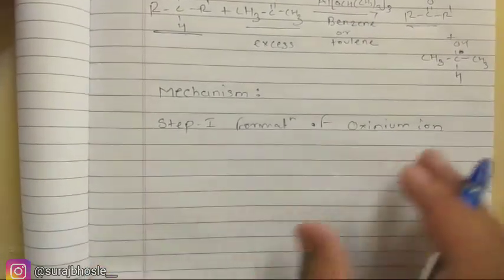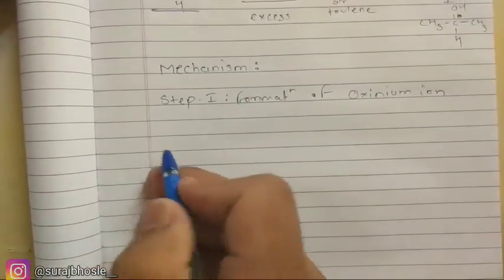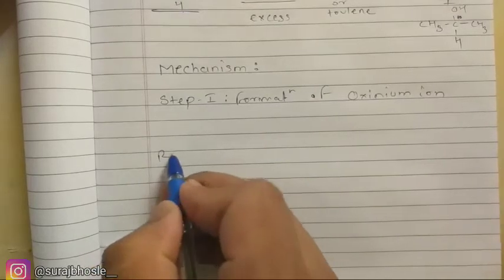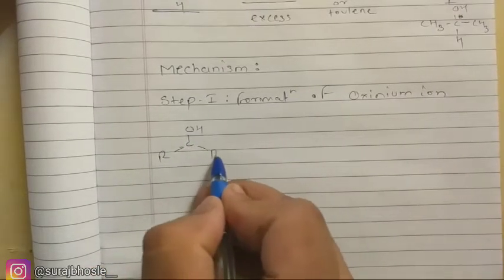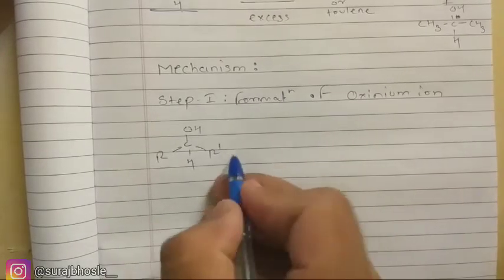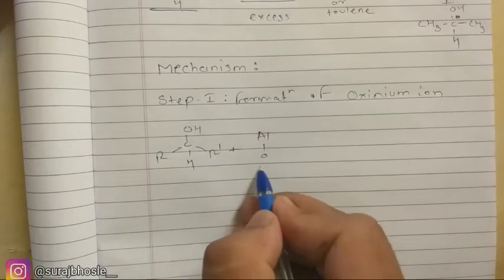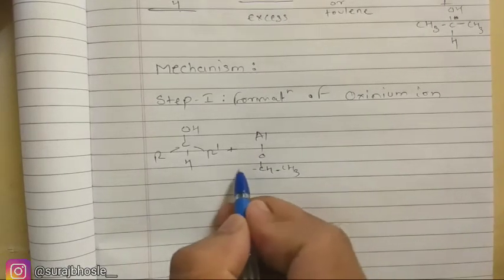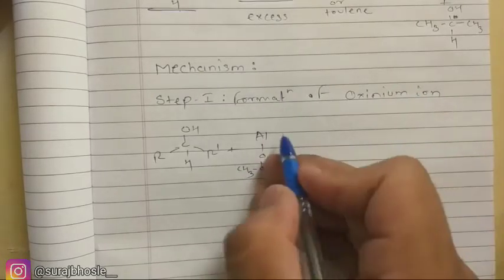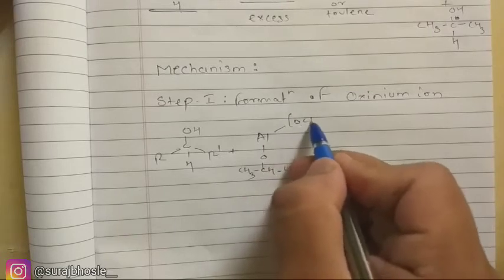So we will see how the oxonium ion is formed in the first step. Simply, our alcohol is reacted with aluminum isopropoxide, Al[OCH(CH3)2]3, whose structure we have already seen previously.